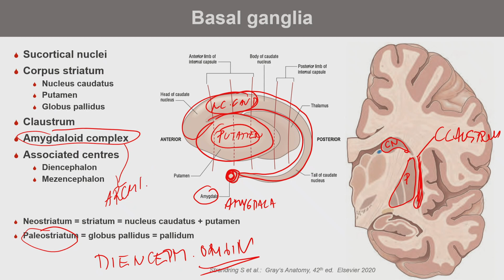But it is not striated, not striped, so it is not used as striatum, but it is the archy part of this basal ganglia. So, like in a cerebellum, we have a very old paleo, old archy, and new neo.